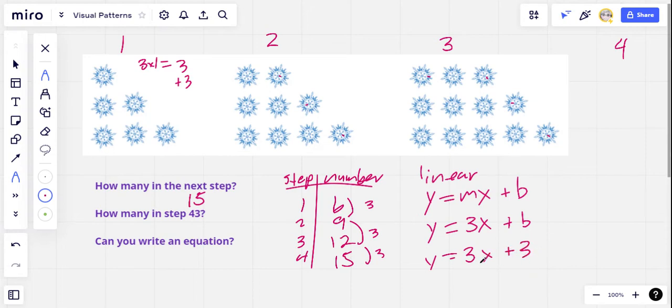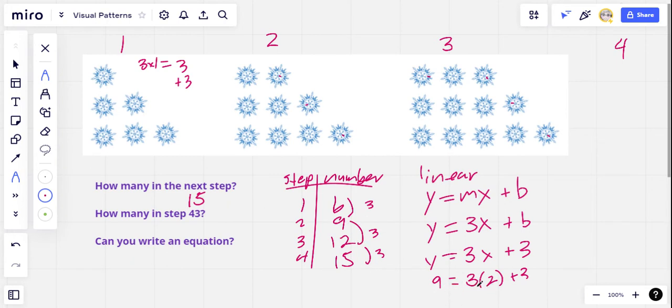Now, once we've done that, I think it's reasonable to check this and make sure it actually works. So let's try it out with step 2. Step 2 has how many snowflakes? 9. So 9 should equal 3 times the step number plus 3. 9 equals 3 times 2 is 6 plus 3. Yeah, that's 9. If we try it with the third one, we should get 12.